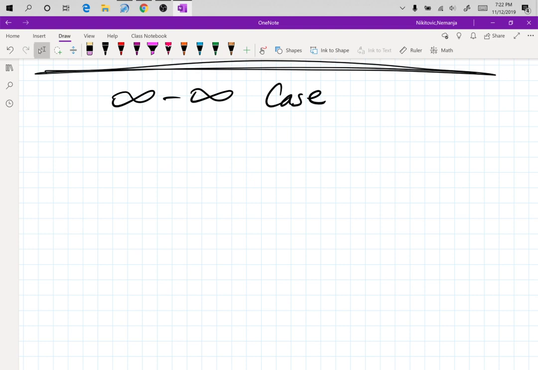Now, how do you get from subtraction into multiplication? What mathematical concept will get you subtraction into multiplication?